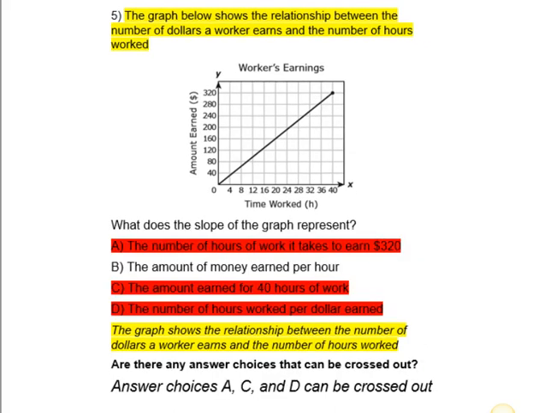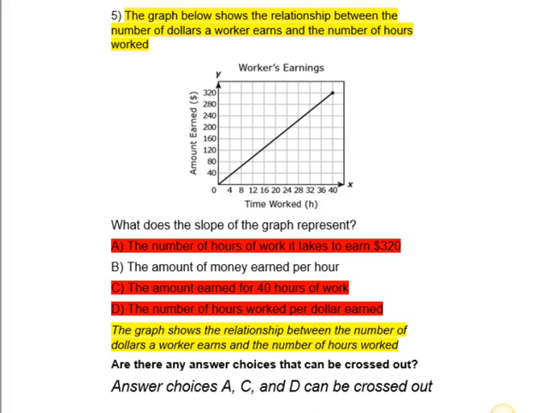If you said A, C, and D, you are correct. So let's look at A, the number of hours of work it takes to earn $320. That's not the only thing that this slope represents, and so that answer is incorrect.